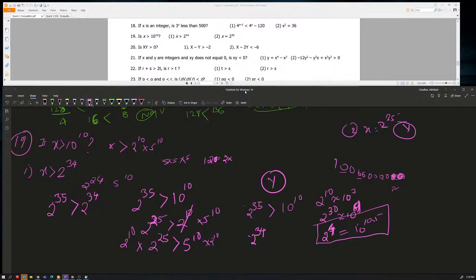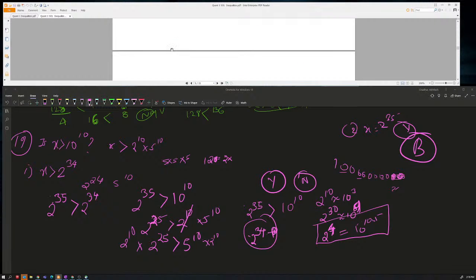This will be 10 power 1, maybe less. So 34 is less, maybe. And since 34 is less, infinitely small above 2 power 34 is also definitely less than. So we get a no answer for this. So I think B should be the answer. This is a lot of approximation. Let's see.